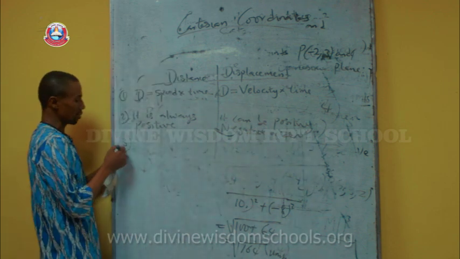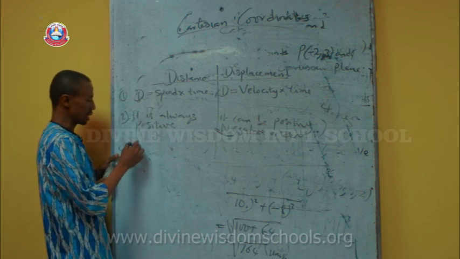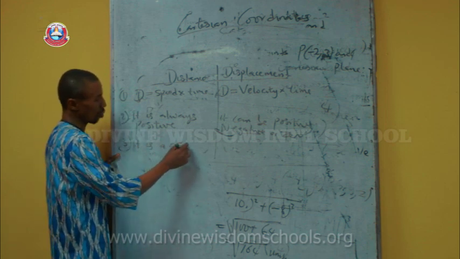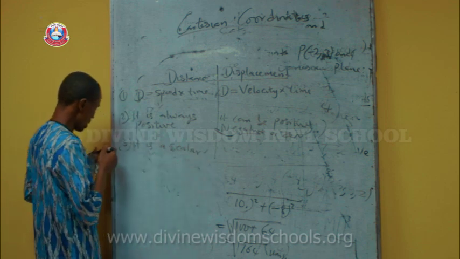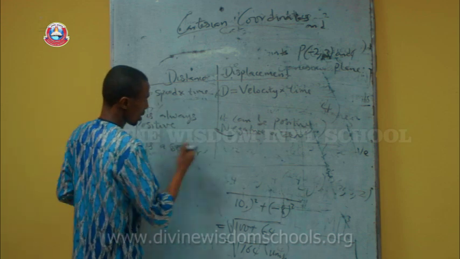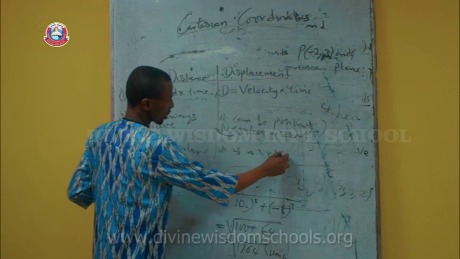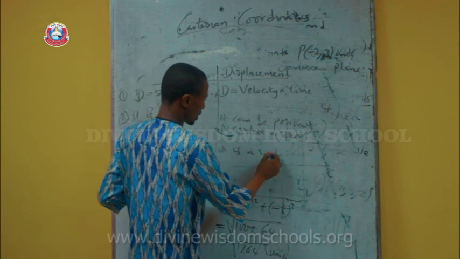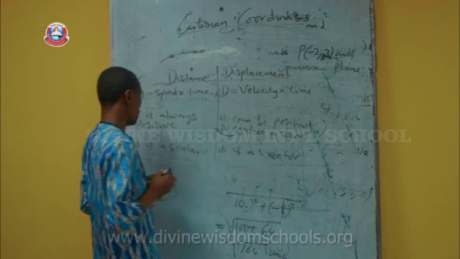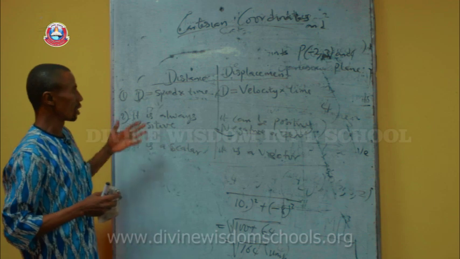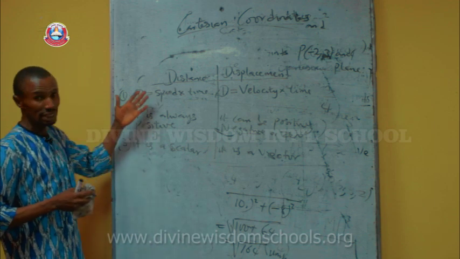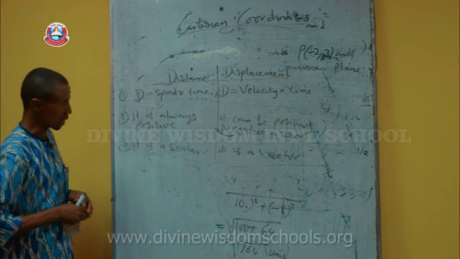Then thirdly, distance is a scalar quantity, we've said that before, while displacement is a vector quantity. So these are the few differences between distance and displacement.